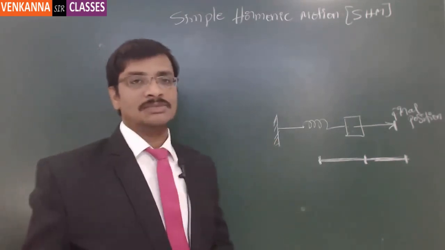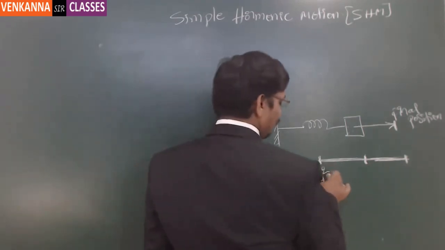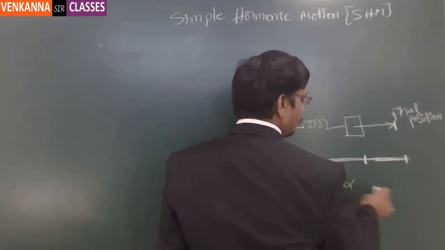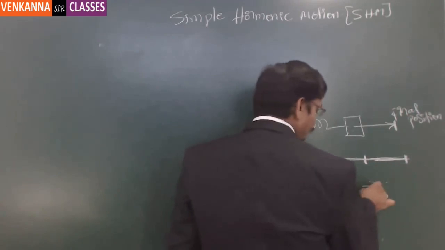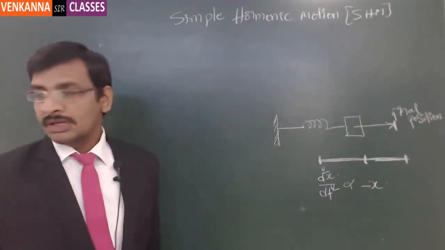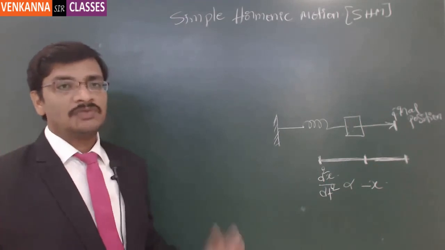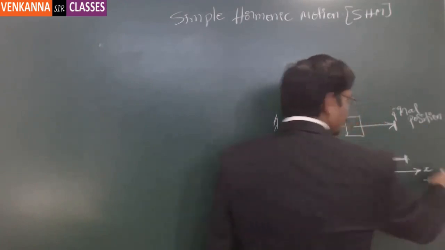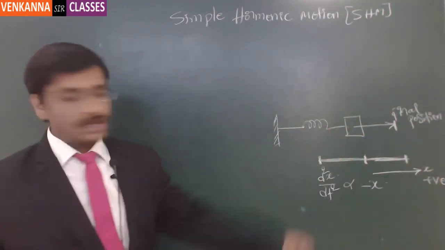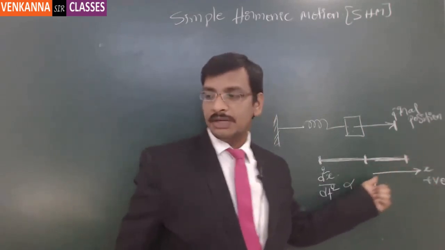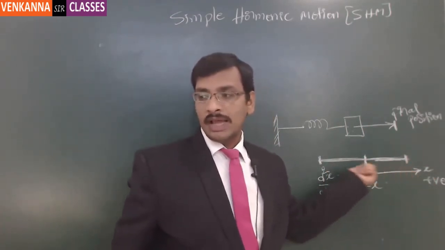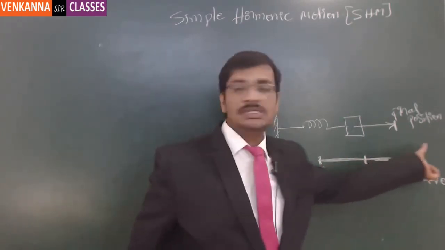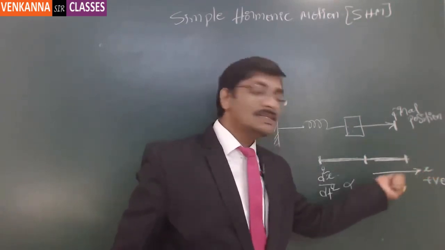So in the specific case, d²x/dt² should be proportional to x and it should be in the opposite direction to x. In rectilinear motion, the standard convention is that the increasing direction of x is treated as positive and the opposite is treated as negative. Here the displacement is in this direction, but as and when you try to move, the restoring force keeps increasing, and it is in the opposite direction.